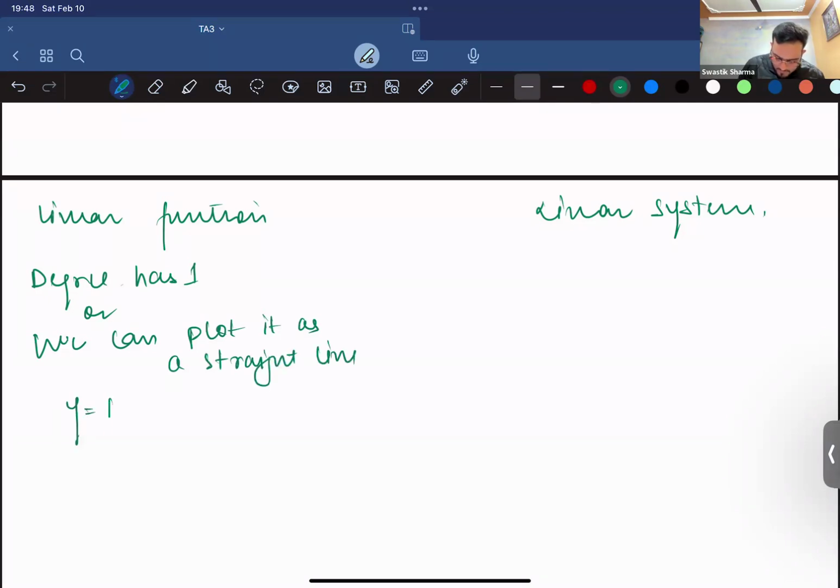So if I say y equals f(x), a function based on x, and I write it like this, ax plus b, I can plot it as a straight line, right? Can I do that? Yes, sir.